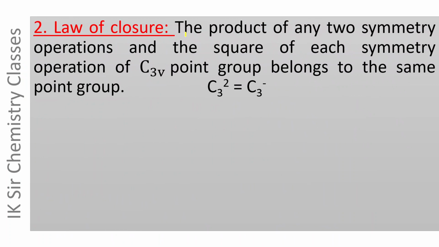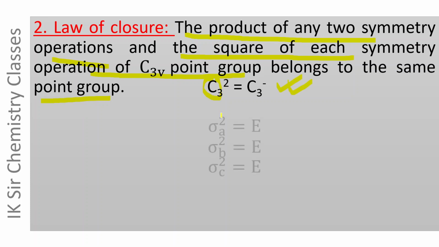Law of closure. The product of any two symmetry operations and the square of each symmetry operation of C3v point group belongs to the same point group. There is a symmetry operation C3 and its square C3 squared is equal to C3 inverse, which belongs to C3v point group.